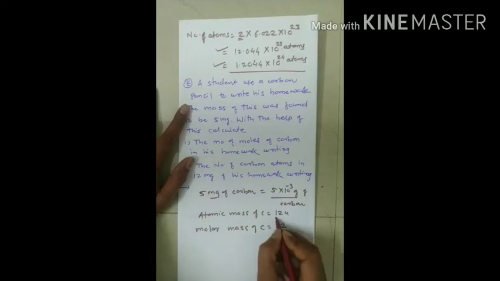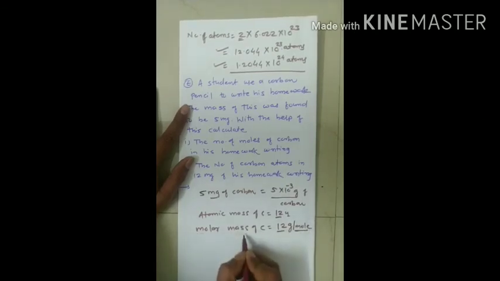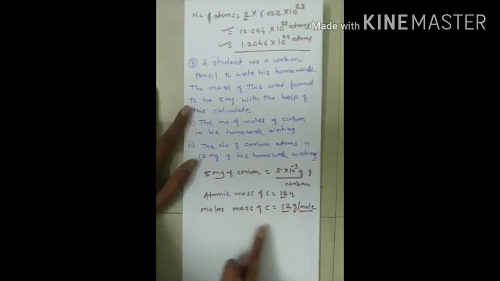See, 12 as it is. Instead of AMU, I am writing it as gram per mole. If the atomic mass is expressed in terms of gram per mole, that mass we call the molar mass. If the atomic mass of carbon is 12 u, the molar mass of carbon must be 12 gram per mole. The magnitude will remain the same, we only have to change the unit. And this gives me the molar mass.